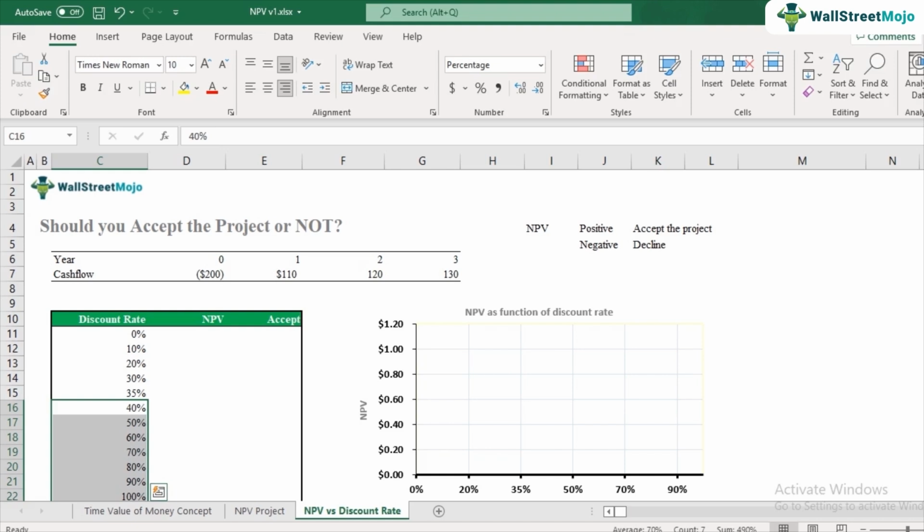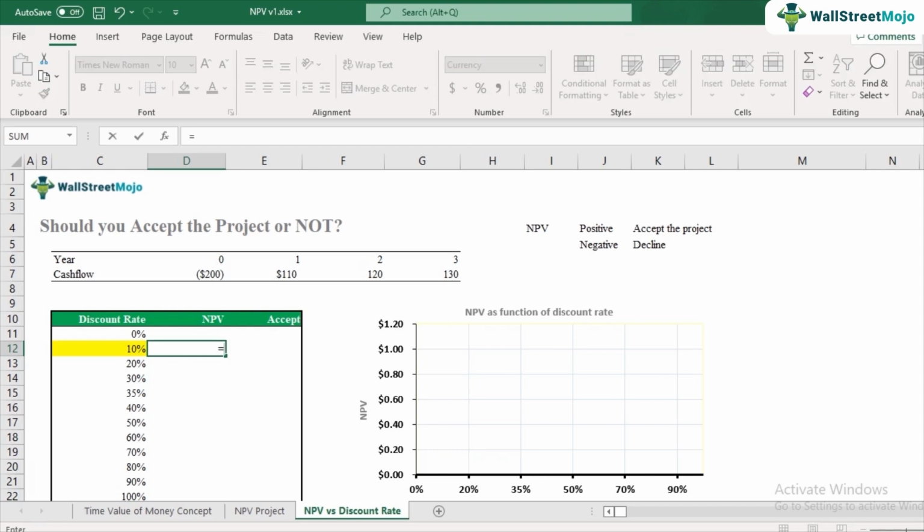So let's find out the NPV of these cash flows which we have. Okay. So you remember this is the same example that we took. So 10% was the discount rate, and the cash outflows and the inflows are exactly the same as in the previous example. So I'll calculate the NPV here. All right. So what is the formula? I'll use that NPV function in Excel, which we learned earlier. This is NPV. All right. Rate is 10%.